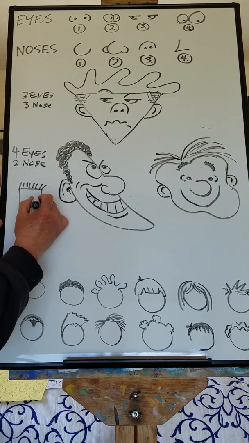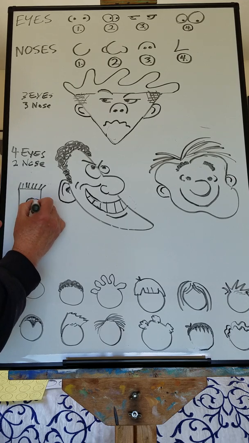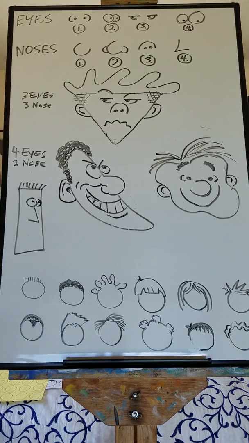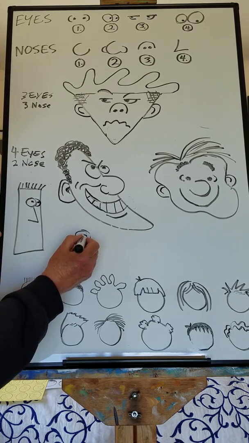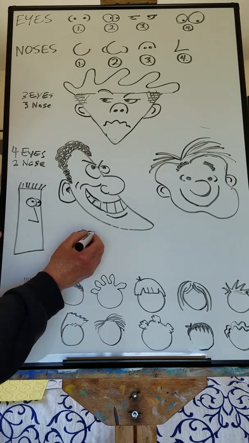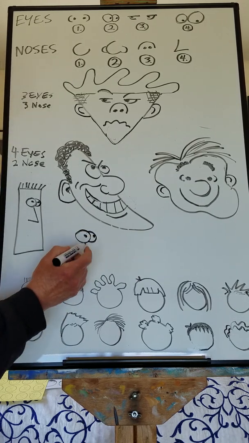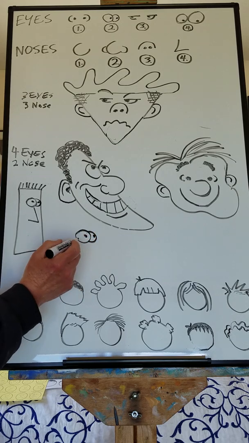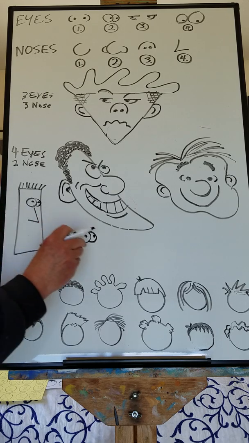No. If we add this other one, then it's just it. So what I did was I do the circle first, and then I did a half circle, and so it makes it look like this eye is behind this eye. See that? Does it look like that to you?